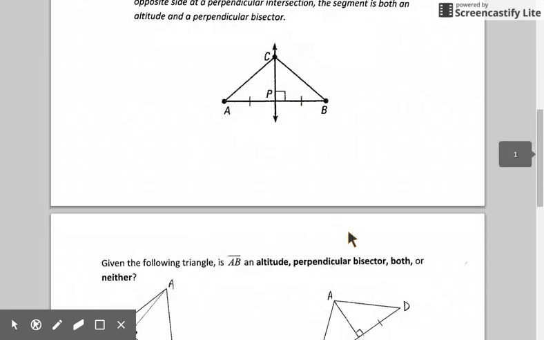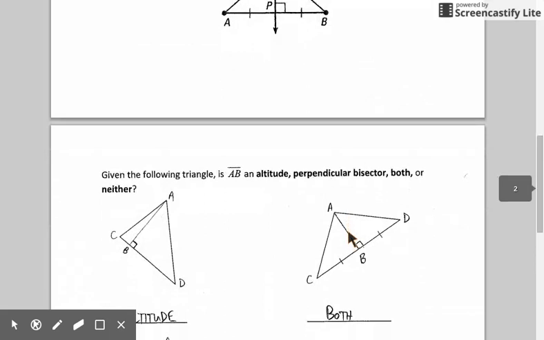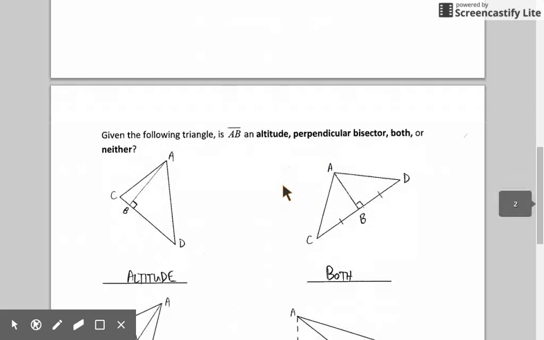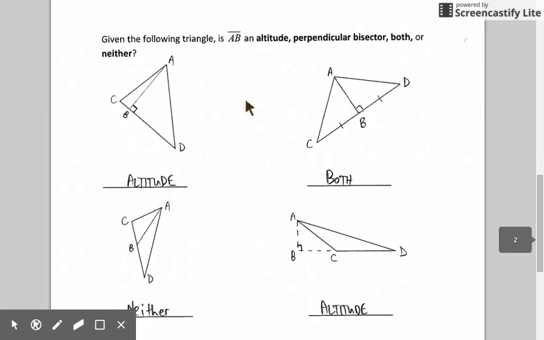So we can really have four situations. A segment can be an altitude, it can be a perpendicular bisector, it could be both, or it could be neither. So looking at these examples, we're going to focus on segment AB in each of these triangles and try and classify them as one of these or both or neither.